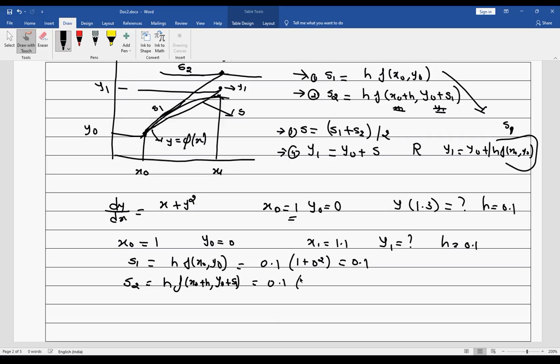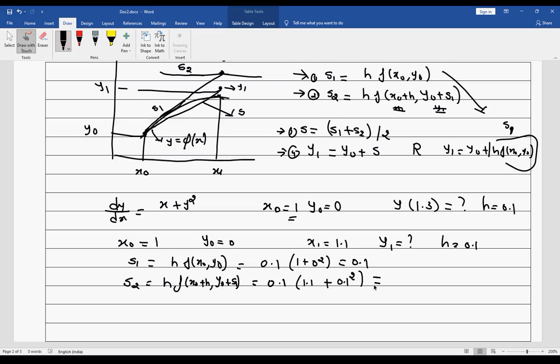So this gives me 1.1 square plus y0 is 0, s1 is my 0.1. Not square, just 0.1. Okay, it is correct. So this is y square: 1.1 plus 0.1 square.